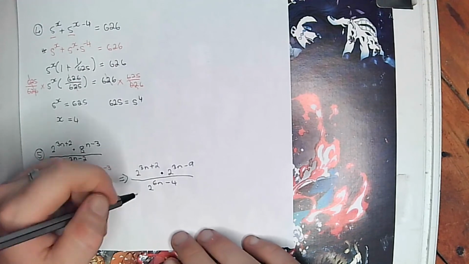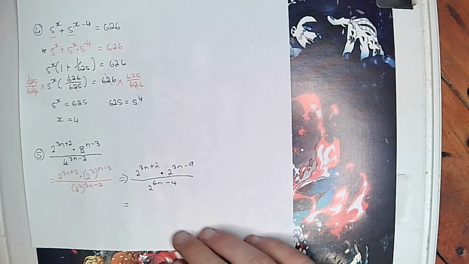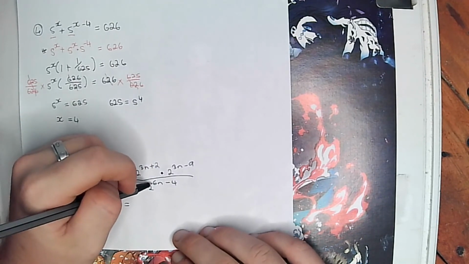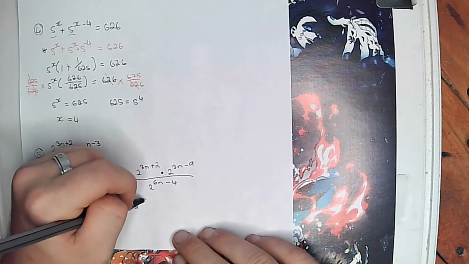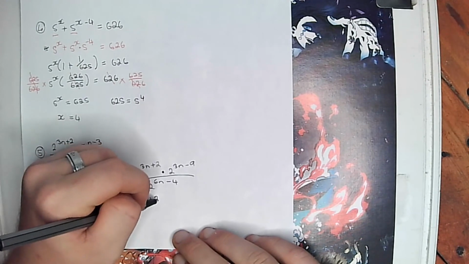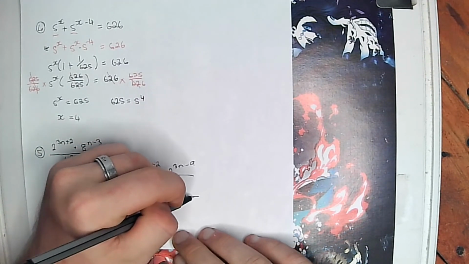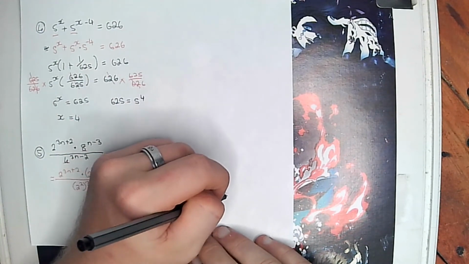I can simplify the top first, but I can actually just go and do it all in one step. So all I really have to do is just remember that this would just be minus. So this would become 3n plus 2 plus 3n minus 9 minus (6n minus 4). And then I go ahead and I simplify this.